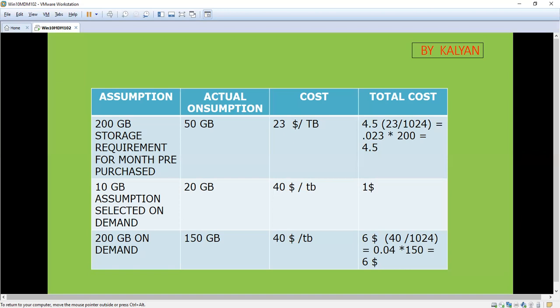Overall the cost is around $40 per TB, but calculated month-wise it will be very cheap for on demand. Later, once you settle with all the storage and server requirements, you can go for pre-purchase. It depends on your environment; you have to choose which one is the best. I will show it on the website itself.